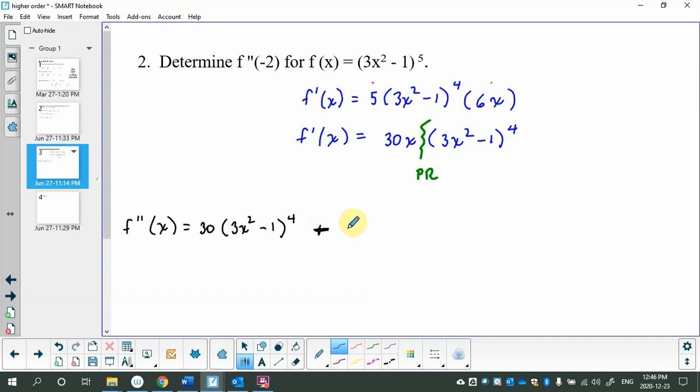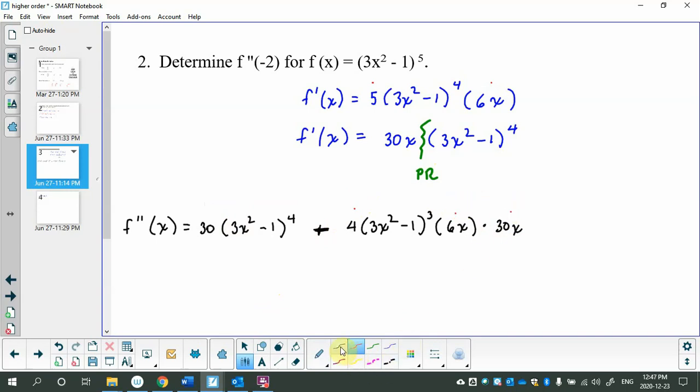This is where bad things happen, or lots of work happens. So drop the 4, keep writing, make it a 3, go inside, take the derivative of 3x squared minus 1, which is 6x, and then after all that's over, remember to multiply by the front. It's a lot of hard work. Then at the front, multiply your monomials. There isn't any. After the plus sign, multiply your monomials.